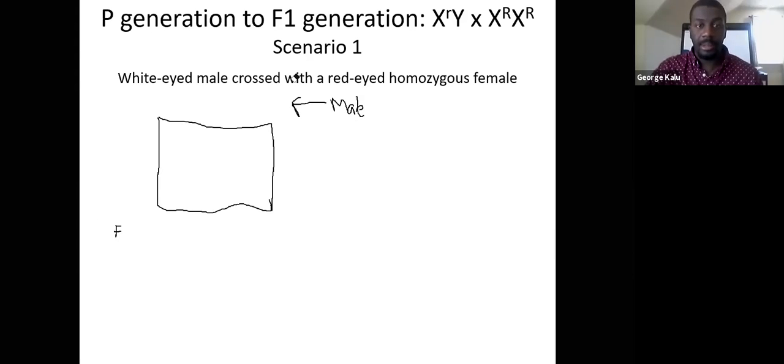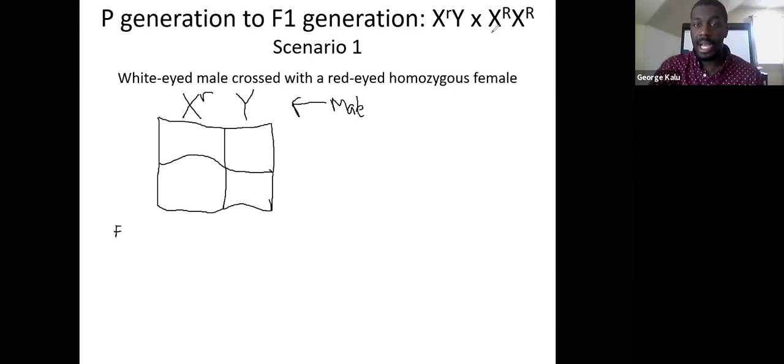All right, so let me finish our Punnett square here. So here we have our boxes. If we look at the male, the male is going to be X little r Y. So we're going to put the X little r right here, and then we're going to put the Y in the other box.